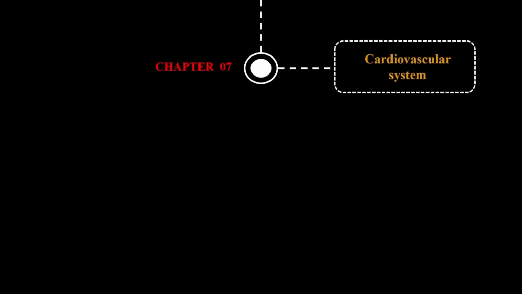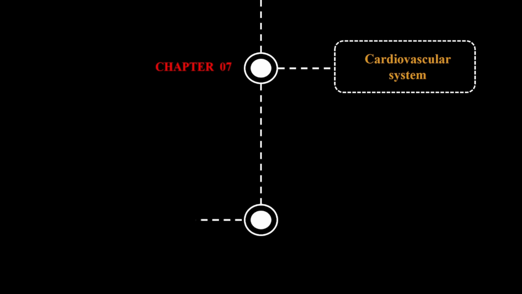It is concerned with our heart and circulation of blood. In that we are going to see anatomy and physiology of heart, blood vessels and its circulation in the pulmonary, coronary and systemic circulation. Next, cardiac cycle and heart sounds, basics of ECG, that is electrocardiogram. Blood pressure and its regulation.